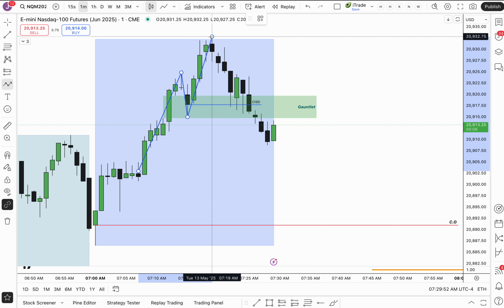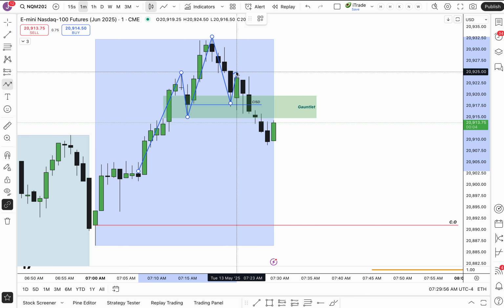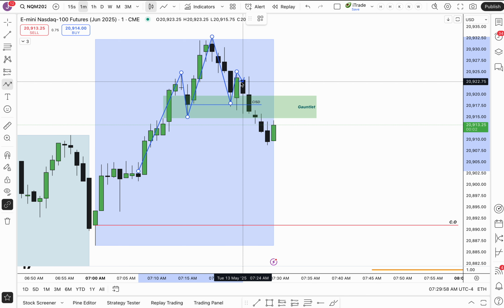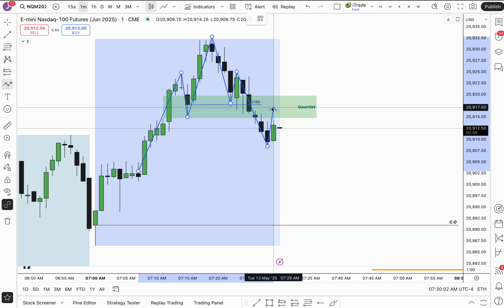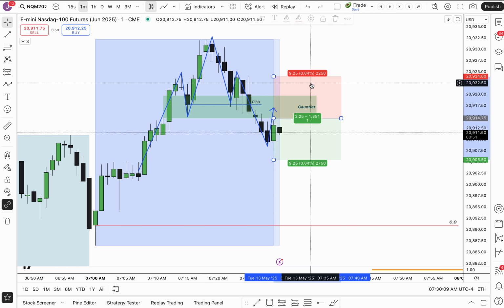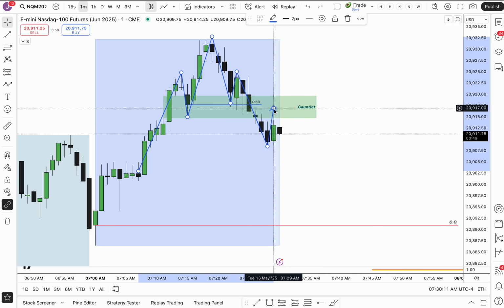We run higher, and it balances it here. We run higher, we shift market structure, now we need to balance. Okay, so that would be balanced at this point.